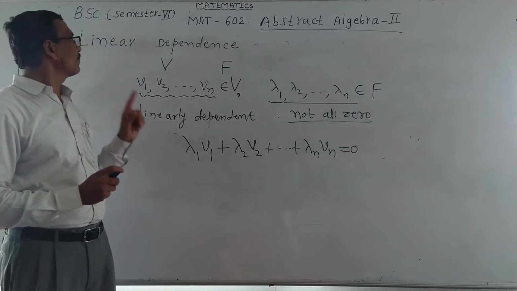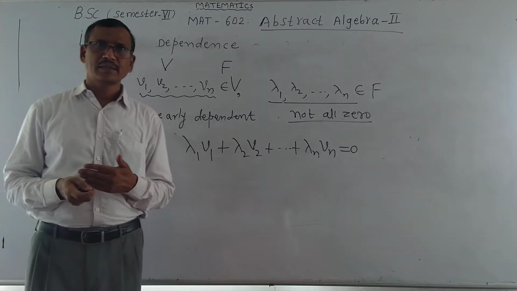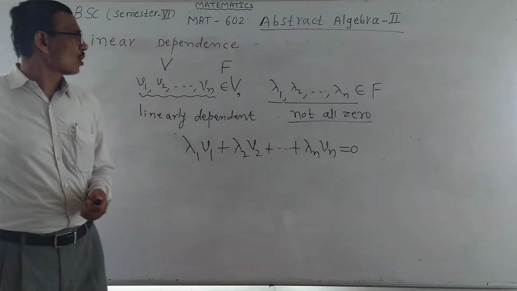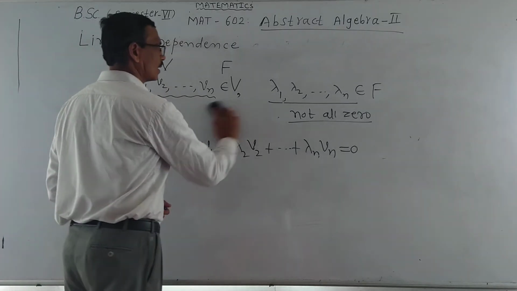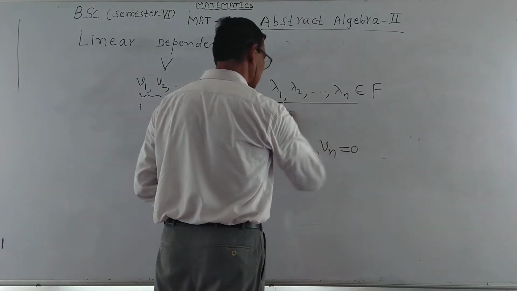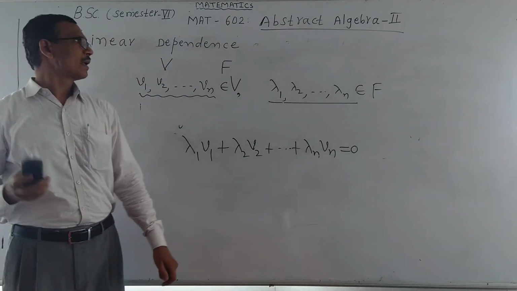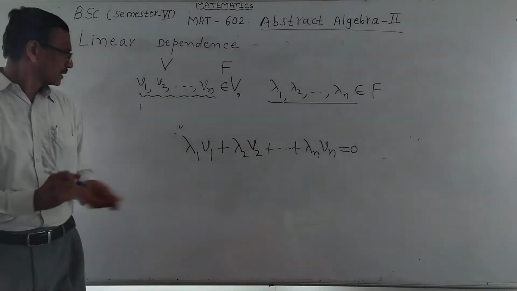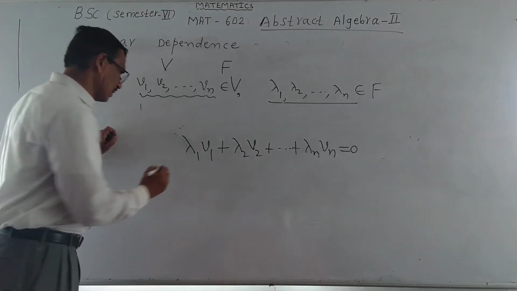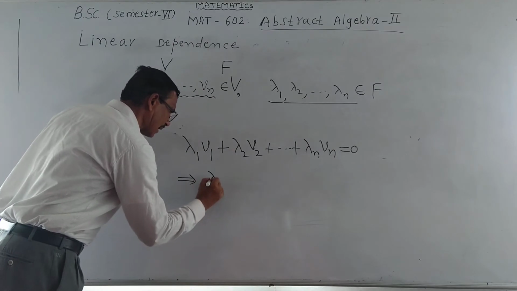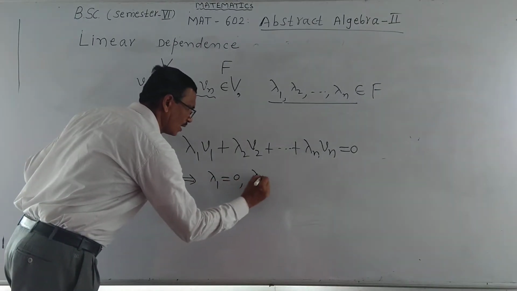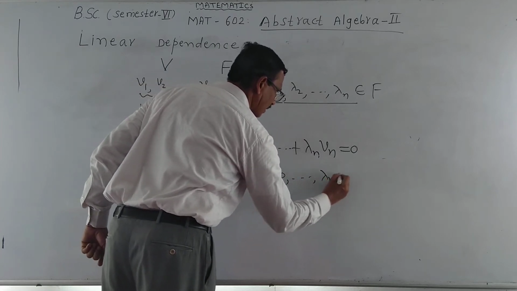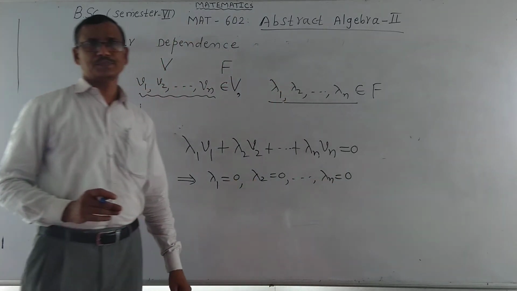Okay. Now the second type is linearly independent. Only one change: if the vectors v1, v2, ..., vn belong to V, and there exist scalars lambda 1, lambda 2, ..., lambda n belonging to F, satisfying the same condition, but this must imply that lambda 1 is equal to 0, lambda 2 is equal to 0, and so on, lambda n is equal to 0.